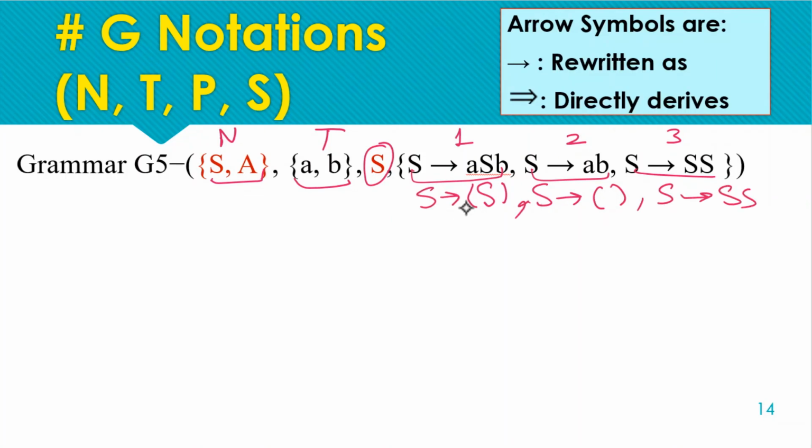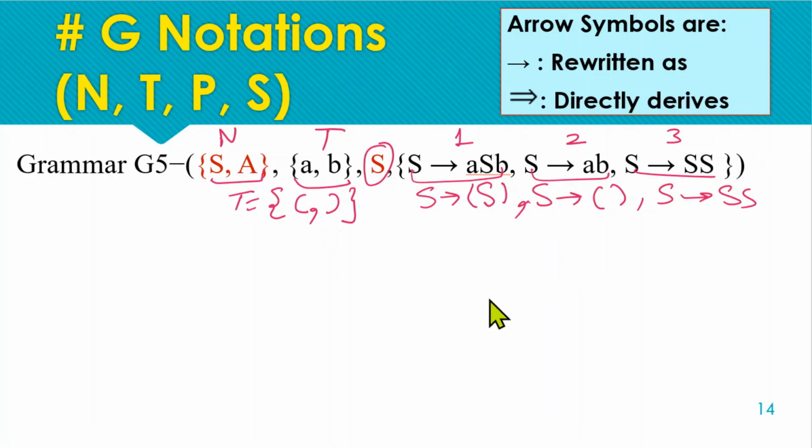So for this language we can consider a as the opening parenthesis and b as the closing parenthesis, because these production rules form the pattern of balanced strings of parentheses only. So you can derive the strings of balanced parentheses from these production rules.